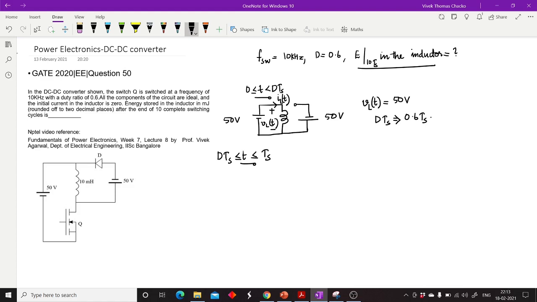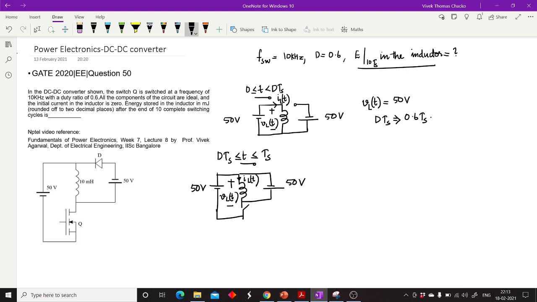So in this case, the circuit becomes as drawn, with 50 volt, the voltage polarity vL of t, and the inductor current iL of t.